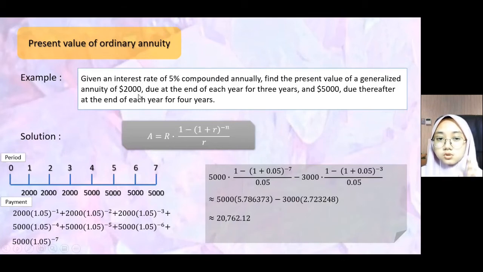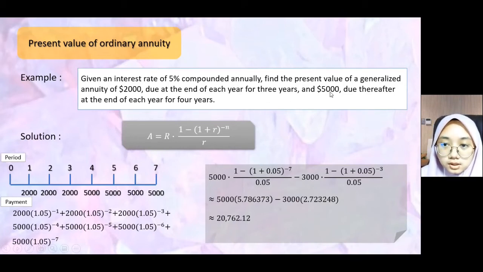Now find the present value of the generalized annuity. The $2,000 occurs at the end of each year, as you can see in the question, so $2,000 is R in this case, and 3 years is the n in the formula.